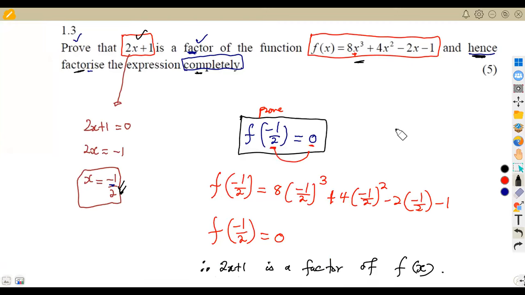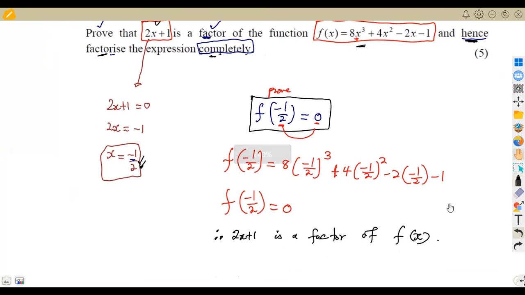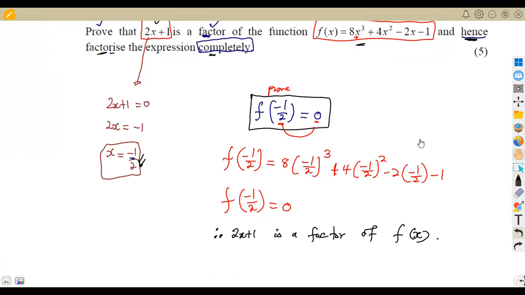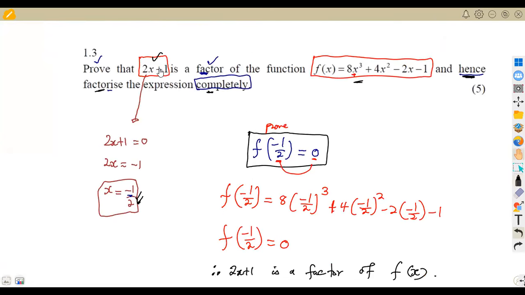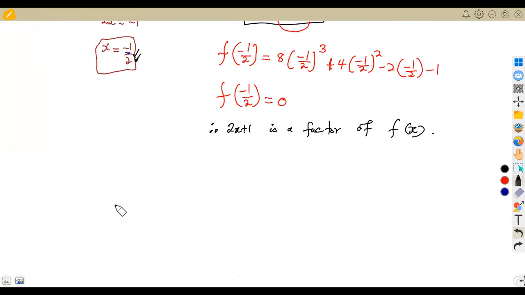All right. So it means that if we are to factorize, which part are you going to use? The long division there, exactly. So we are going to apply our long division. We are dividing 2x plus 1 into this expression. Here there's no need to look for factors of 1, because that one is a factor.